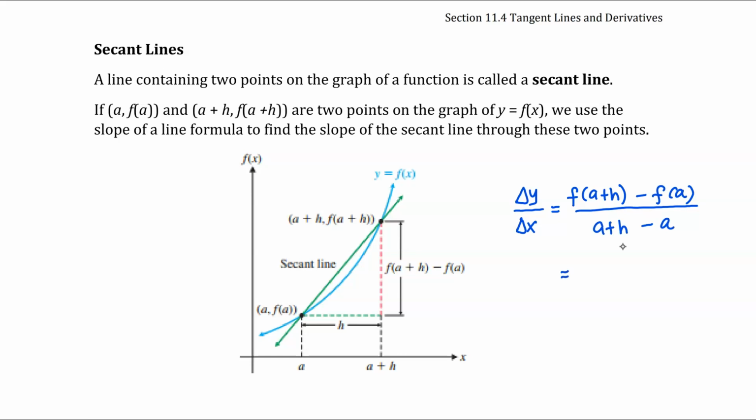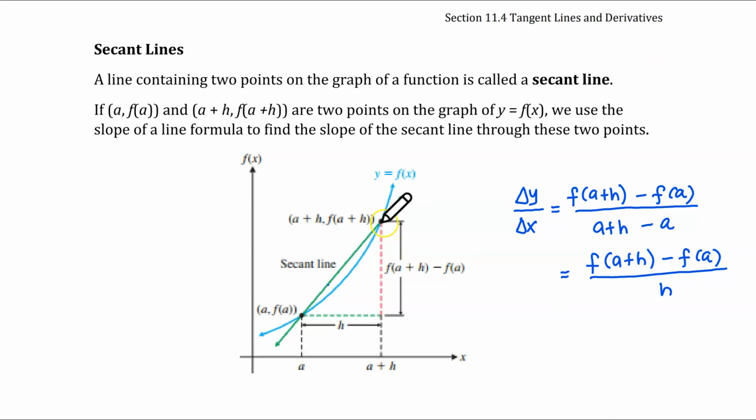From here, we say that the slope of the secant line in general is equal to f(a plus h) minus f(a), over h, where the first point is at x equals a, and the second point has an x coordinate that is h distance away from a.